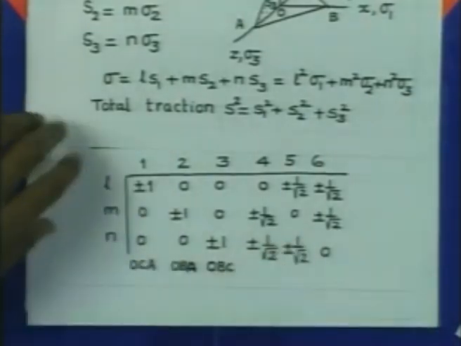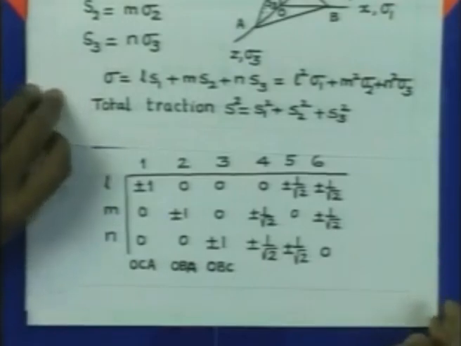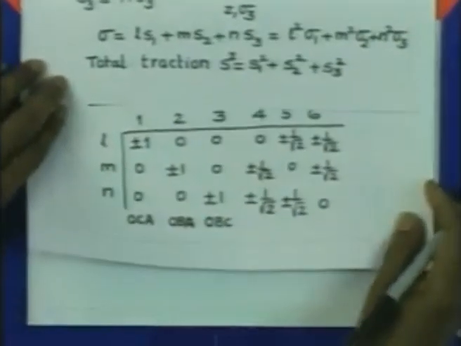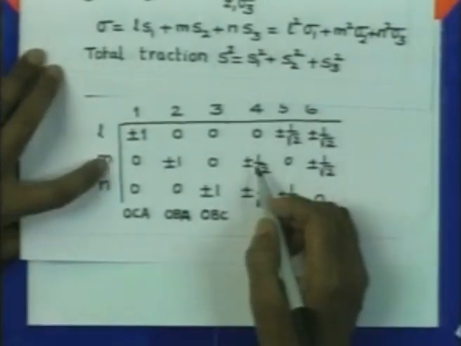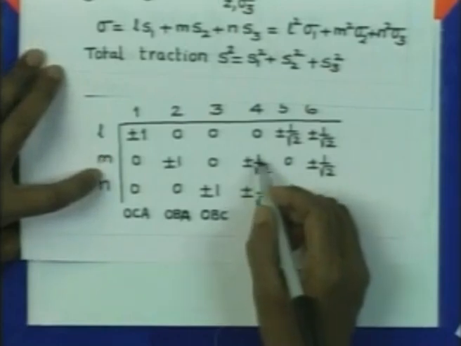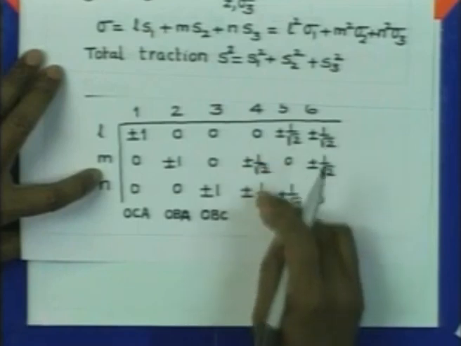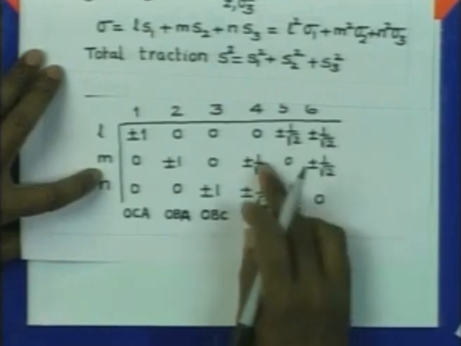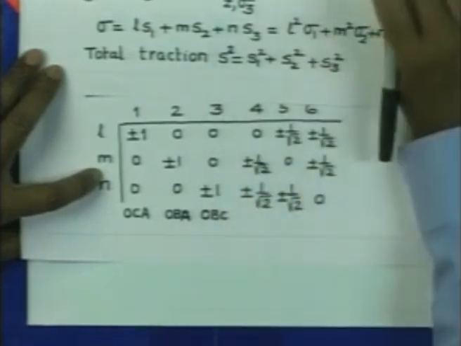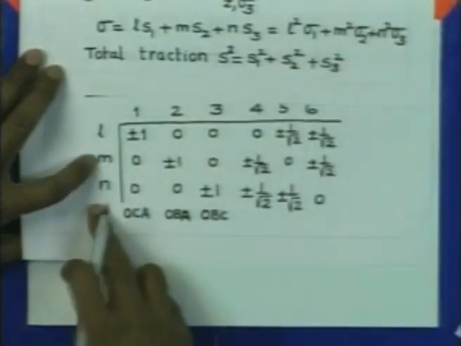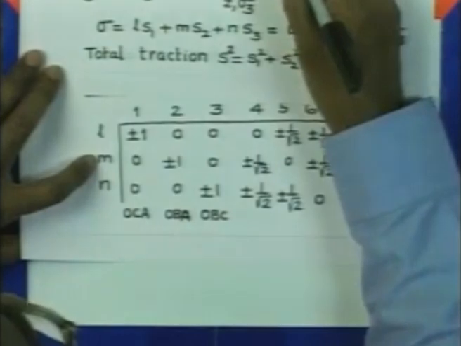Now, plane number 4 is making an angle of 45 degree with the principal directions 1 and 2. So, it is making an angle of 45 degree with the directions M and N, which means it is making an angle of 45 degree with sigma 2 and sigma 3. So, we can show now this plane number 4.